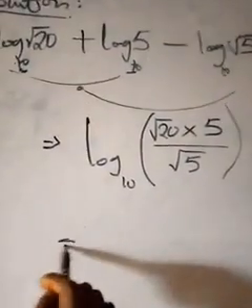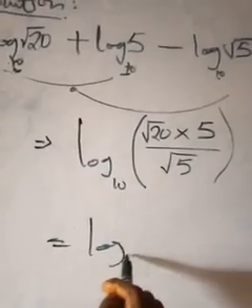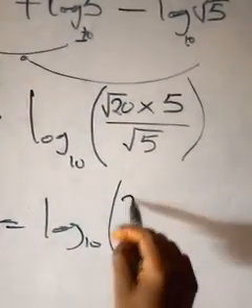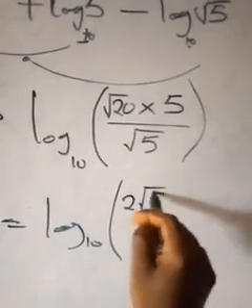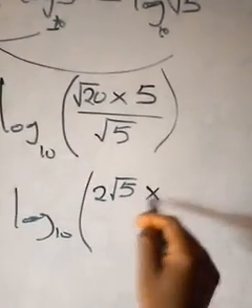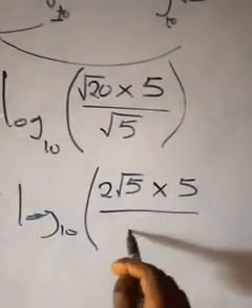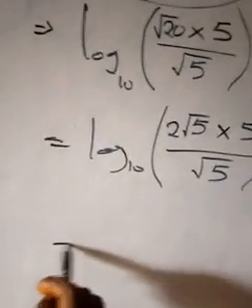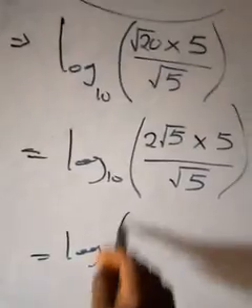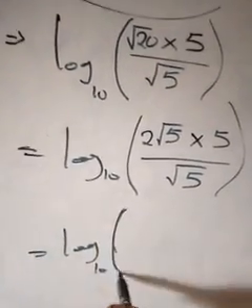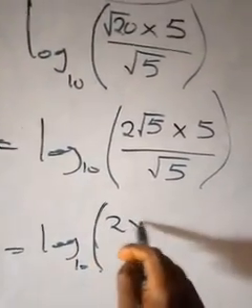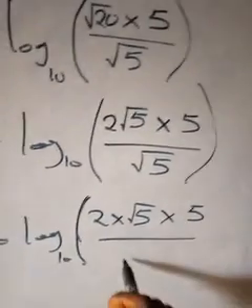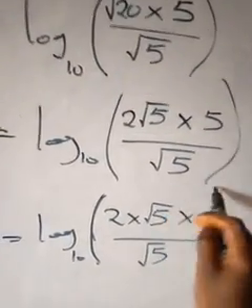Then we have log base 10 of 20, which we can rewrite as 2 root 5, multiplied by 5, divided by root 5. Then we proceed by saying log base 10 of 2 times root 5 times 5 divided by root 5.